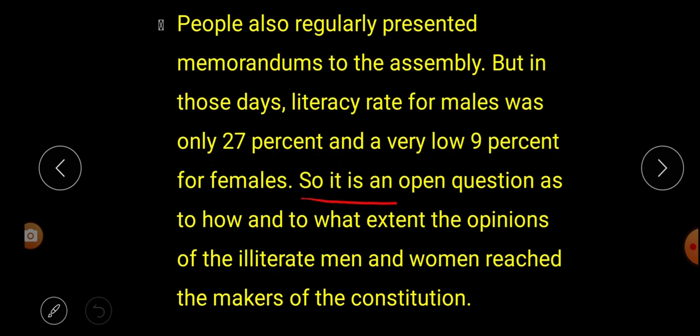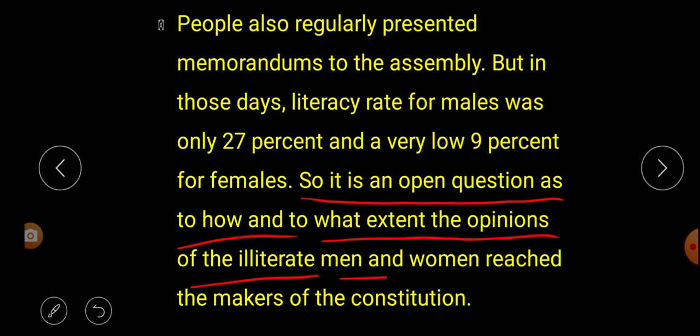So it is an open question how and to what extent the opinions of literate men and women reached the makers of the constitution. So it is an open question how literate men and women participated or gave their opinion for making the constitution.